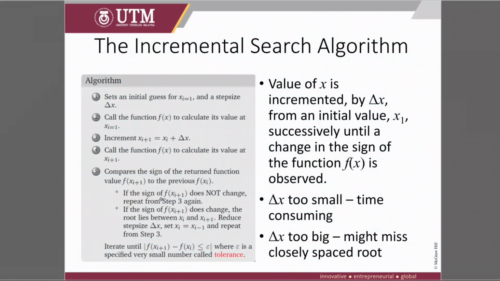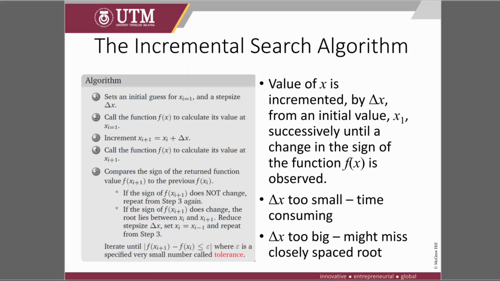okay, if the sign does not change, repeat from step 3 again. If it does not change, then we have to increment. If the sign does change, the root lies between x1 and x2, which is our case. Reduce step size delta x and set the new x equal to the one before and repeat step 3.